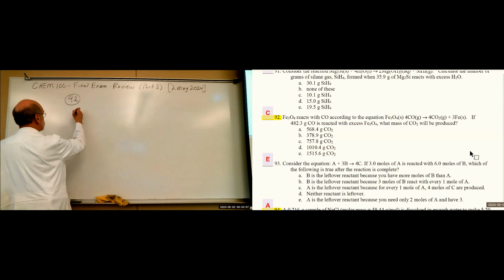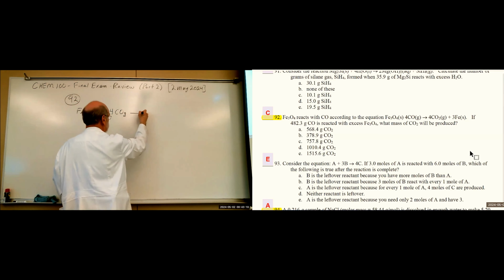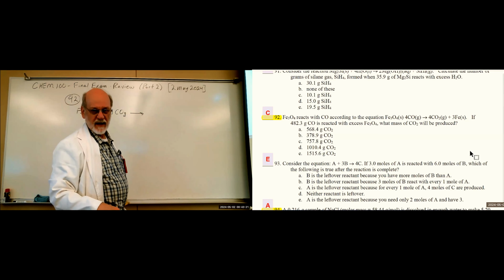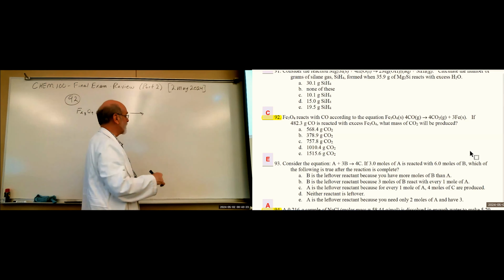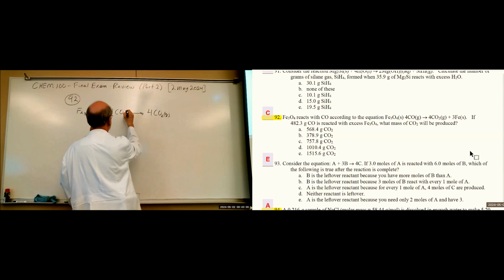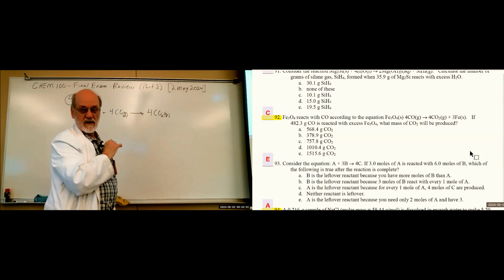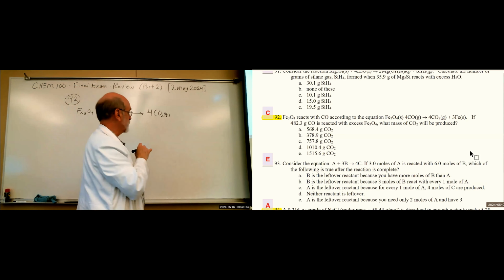Fe3O4 solid plus carbon monoxide yields carbon dioxide, and 3 iron.